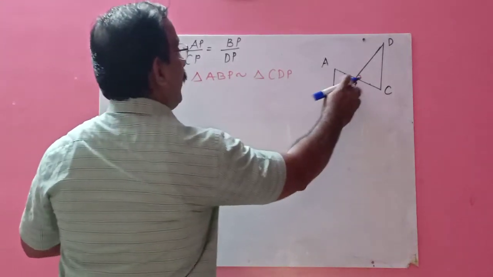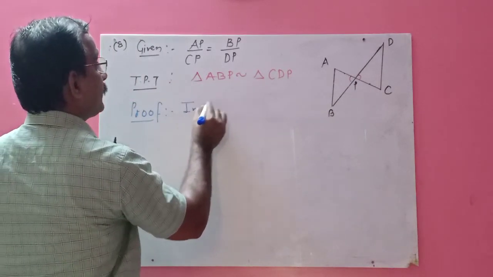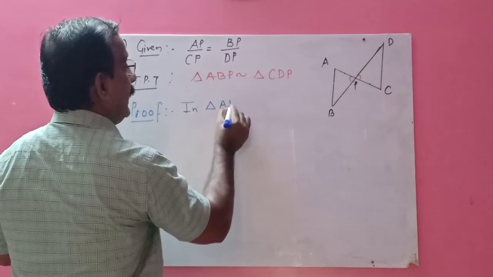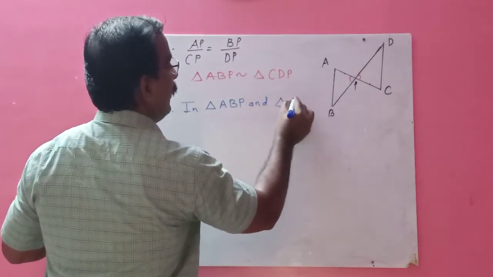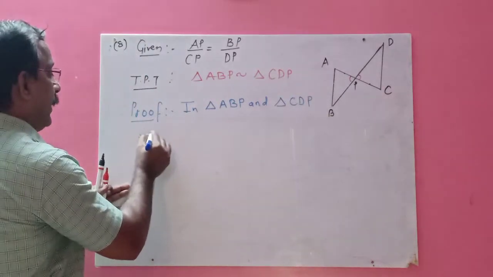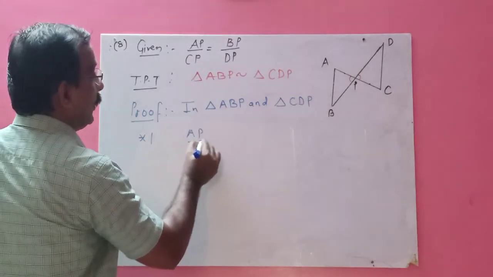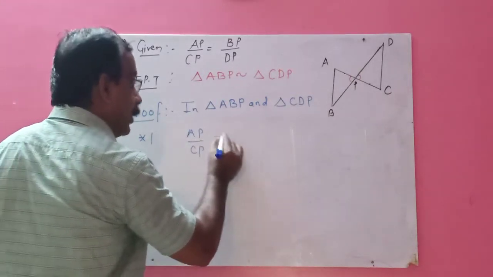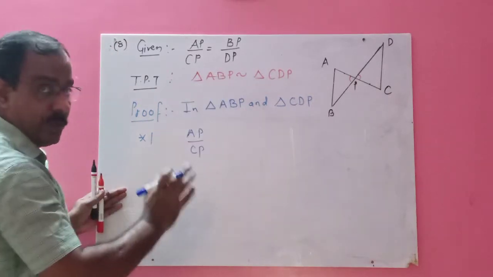So how you will write here? First write down name of two triangles. It is already given. So write in triangle ABP and triangle CDP. Okay. Very first point which is already given. Write AP upon CP equal to this. Don't leave and write here point number 2. This one, that is wrong.